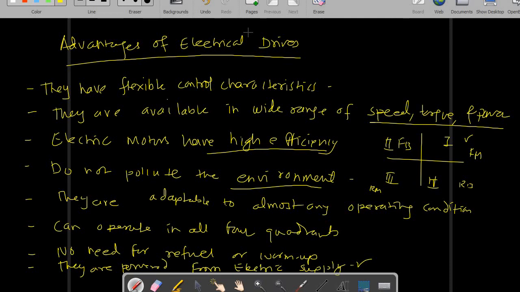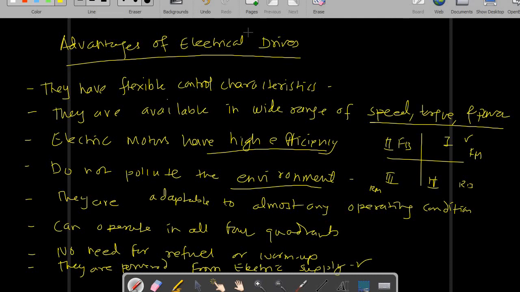The operations of generator and motors can be controlled by shaping the torque speed curve and other parameters to meet the traction or propulsion requirement in the best possible manner. So these are the advantages of electrical drives.